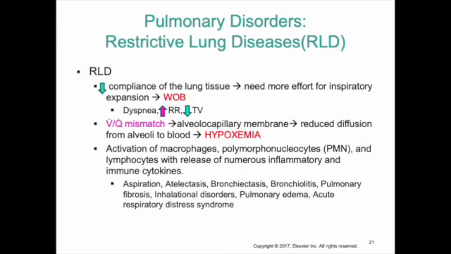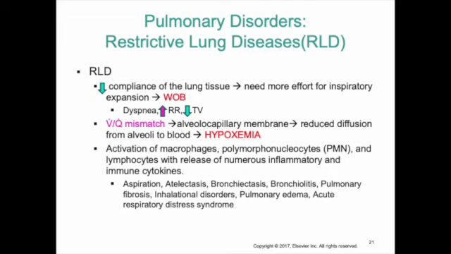When you get a pulmonary function test, you might see that there's actually decreased functional tidal volume. You'll also see that restrictive lung disease can cause a VQ mismatch, and it will affect the alveolo-capillary membrane itself. If it's affecting the alveolo-capillary membrane, we're going to have this reduced diffusion from the alveoli to the blood.